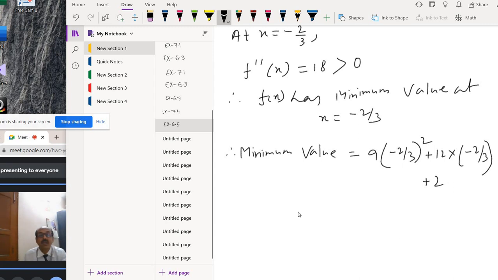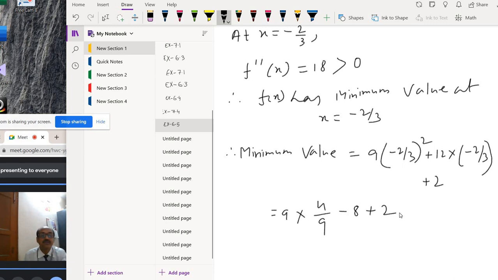Okay, so calculate this. Equal to 9 into 4 by 9, minus 4 into 2 is 8, so minus 8, plus 2.